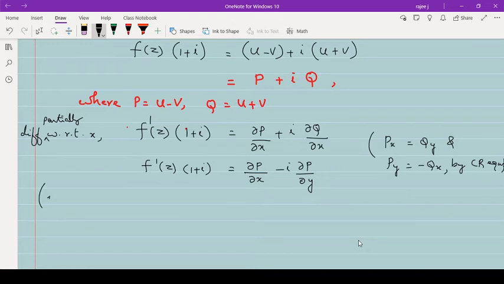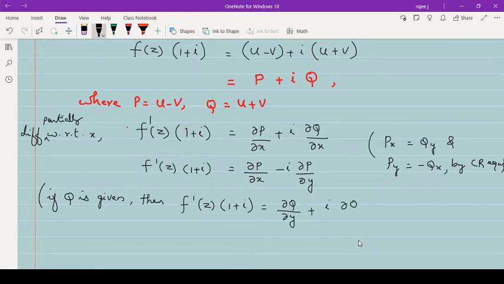And if q is given, q is given means u plus v is given. If u plus v is given, then f dash z into 1 plus i is equal to, dou p by dou x will be changed to dou q by dou y, plus i into dou q by dou x.